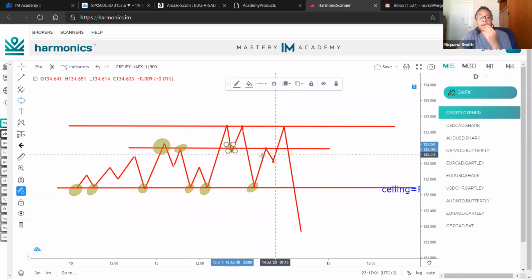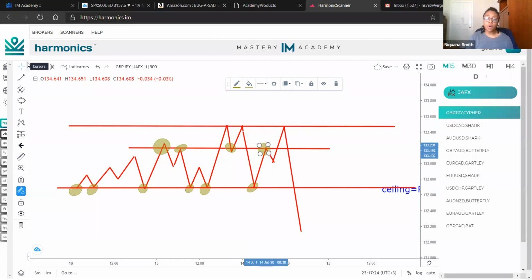It still counts. So this 1 counts as a touch, 2 counts as a touch, 3 counts as a touch. This also counts as a touch. Then it was broken through and we went down and it broke this area here and it continued to sell.